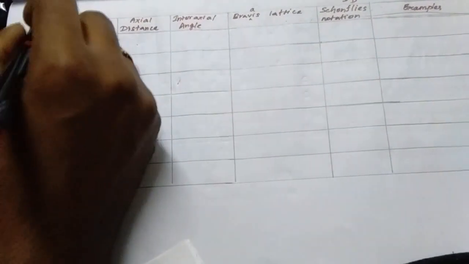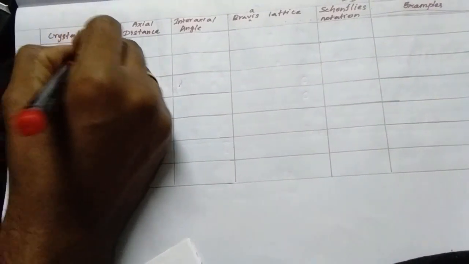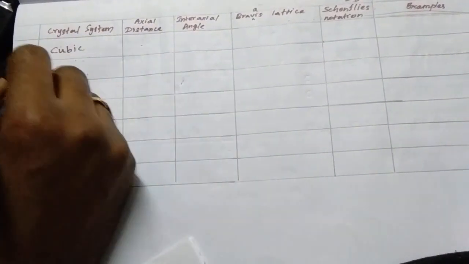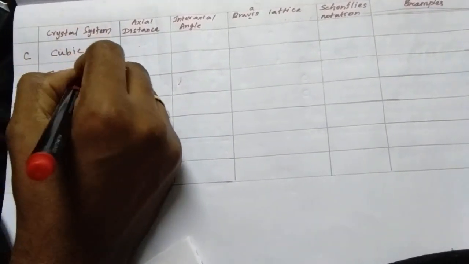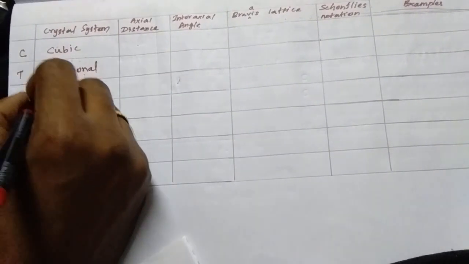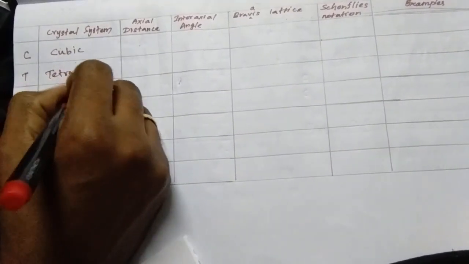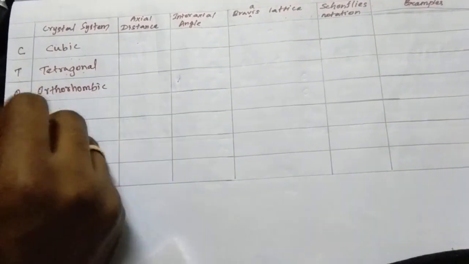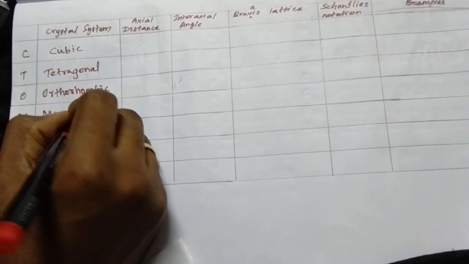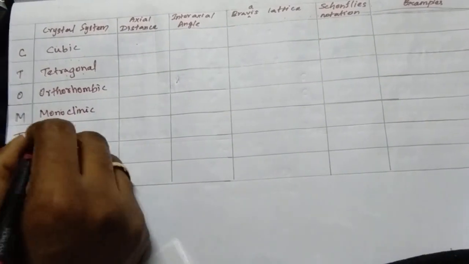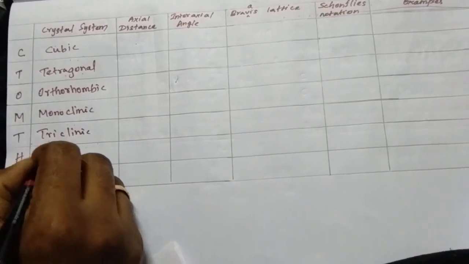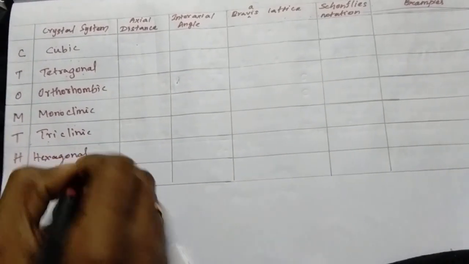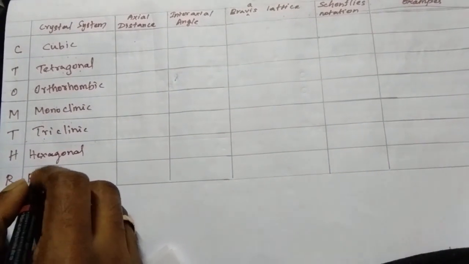So based on these letters, C for cubic, T for tetragonal, O for orthorhombic, M for monoclinic, T for triclinic, H for hexagonal, R for rhombohedral.